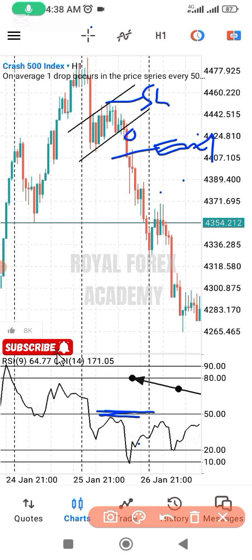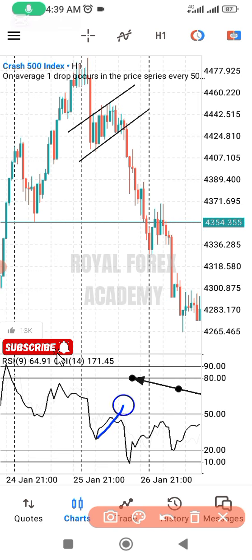The same thing is applicable if you are to take this entry on a lower time frame. And remember, CCI is below the level of 50. But there are situations whereby CCI will cross above 50.